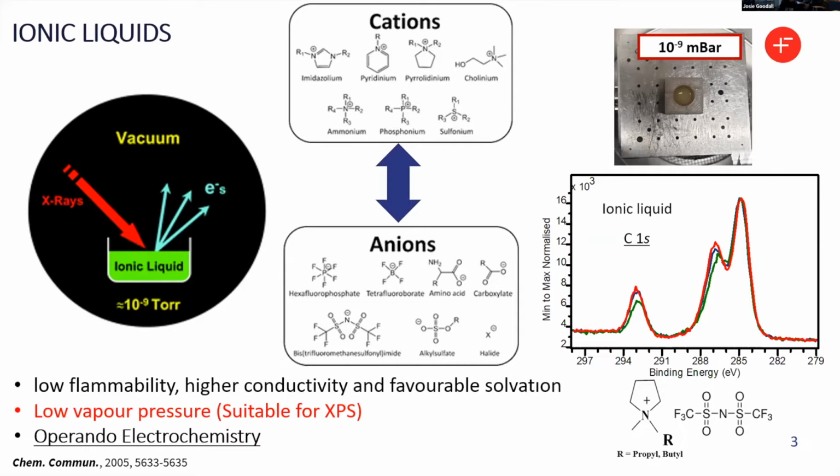And because they are stable in UHV, you can incorporate them in the XPS to perform some standard electrochemical processes in situ. You can see that I have placed ionic liquid in UHV at 10⁻⁹ bar.